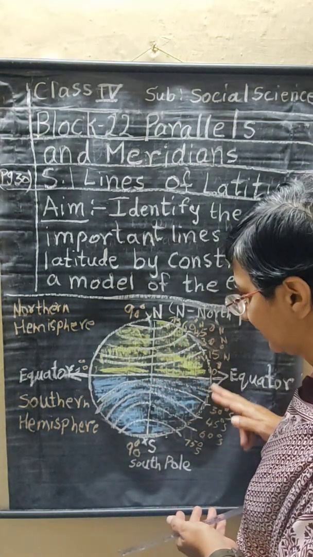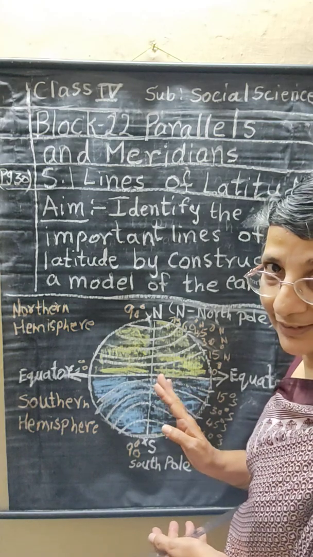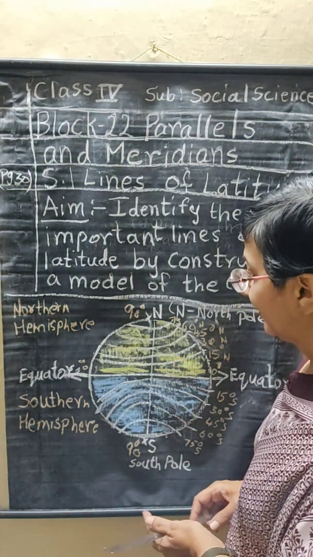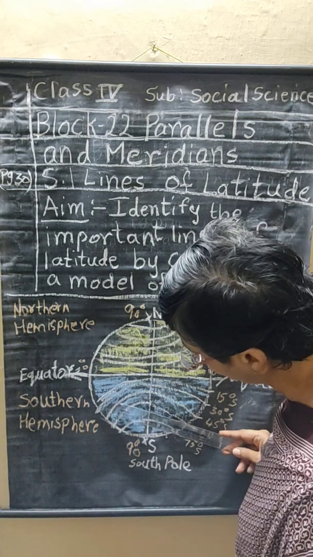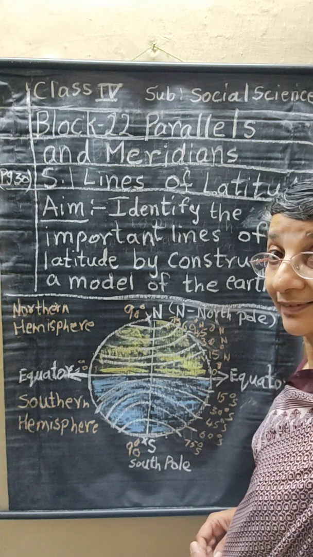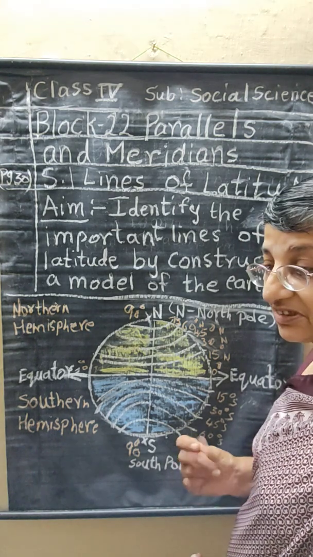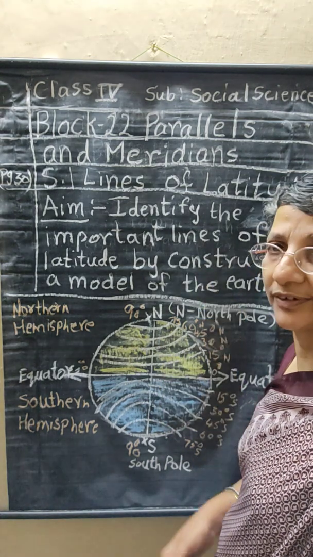It means they are a sphere, round, no? Half, that is. You understood? This is what I explained. So this is the northern hemisphere and this is the southern hemisphere. Did you understand, children? If you understand, easily you can find out.